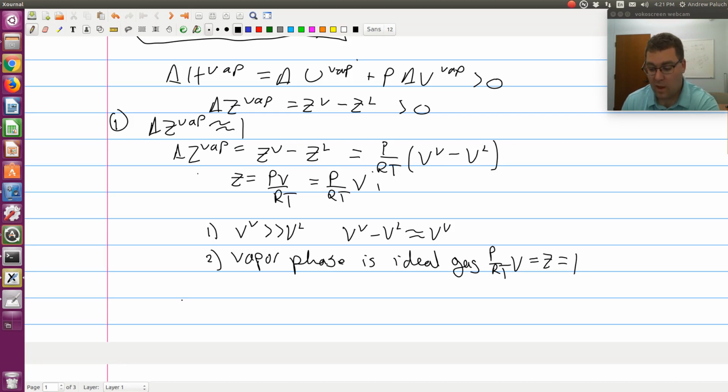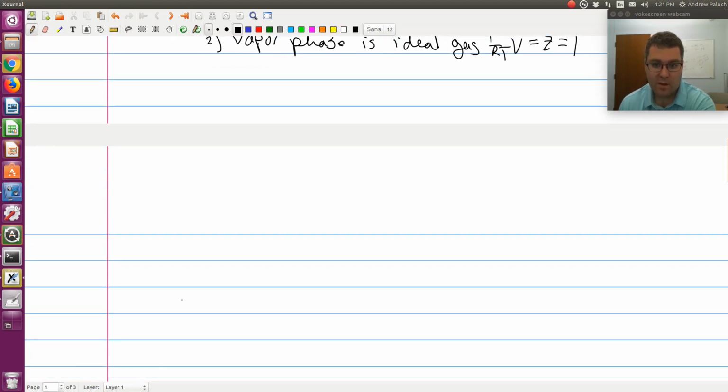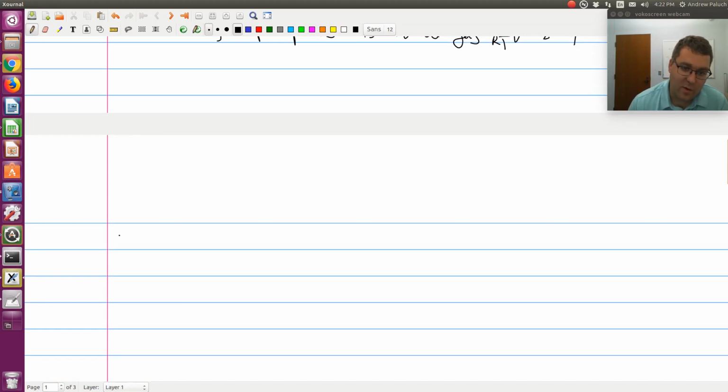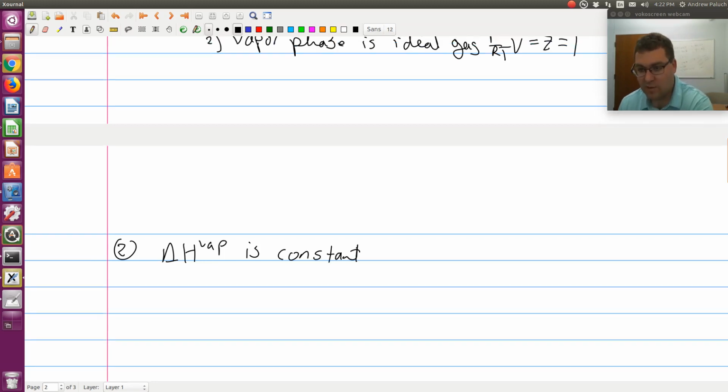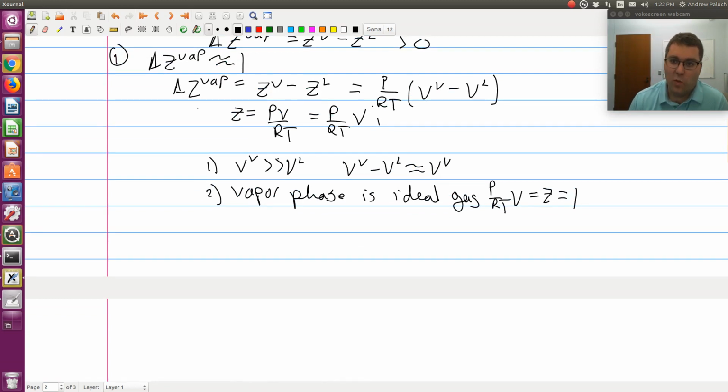And then the second assumption, if I go to the next piece of paper, made in the Clapeyron equation is that delta H of vaporization is constant. If you think about these assumptions, the motivation behind assumption 1 comes from being at low pressures.